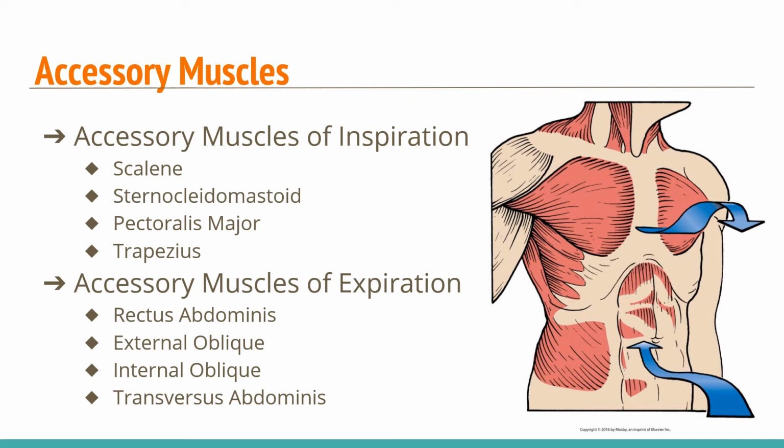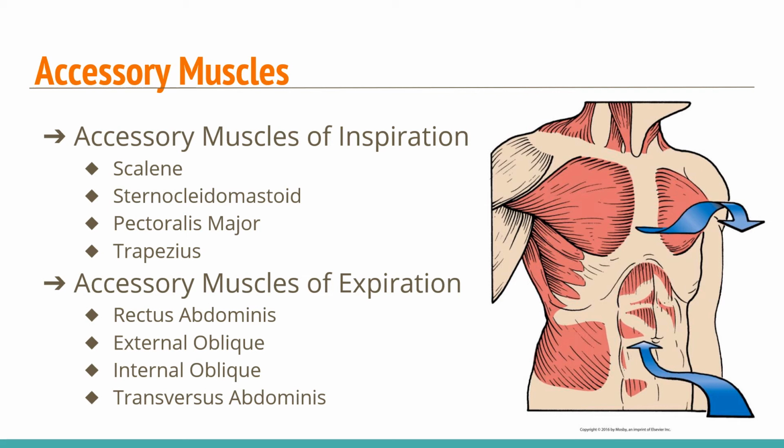All right, now we're looking at accessory muscle use. So looking at the accessory muscles of inspiration and the accessory muscles of expiration. So for inspiration, you're going to see your scalene, which is your neck area. It helps to elevate your first and second ribs.